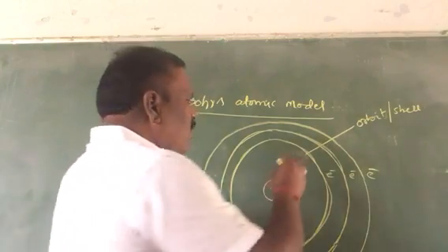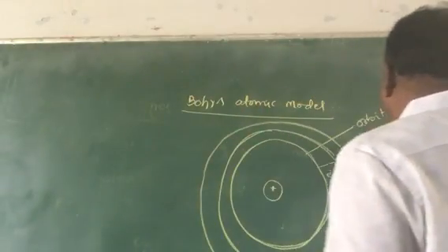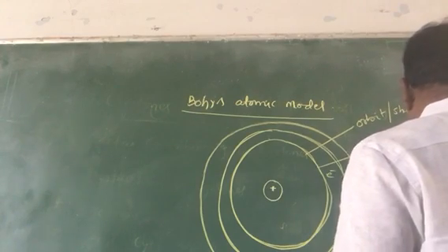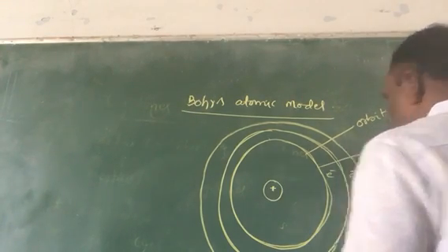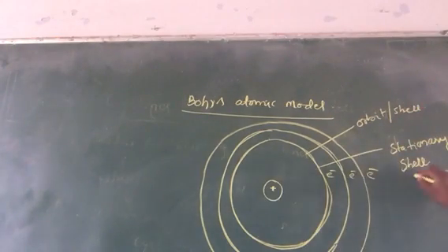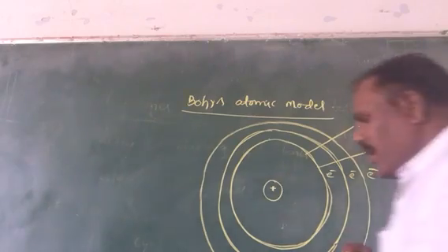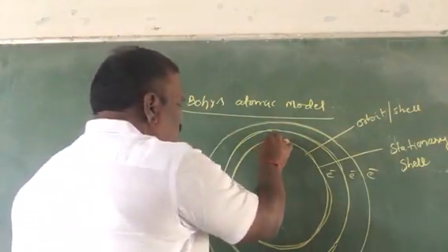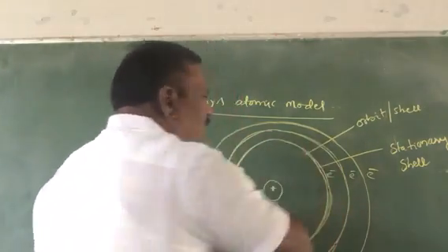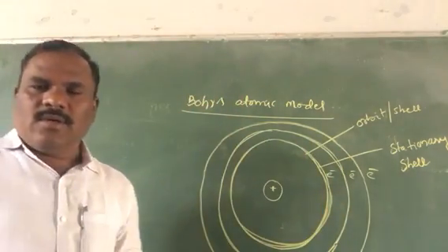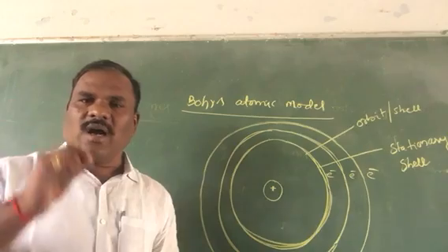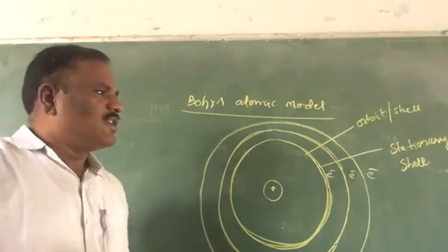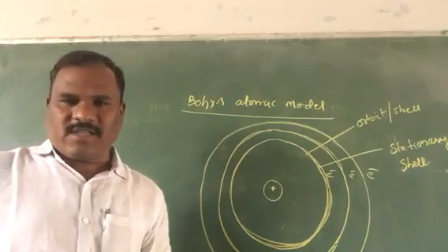And these constant energy orbits are called stationary orbits or stationary shells. As long as electrons revolve around the nucleus and do not radiate energy, the paths, that is the shells, are constant. So they are called stationary shells or stationary orbits.